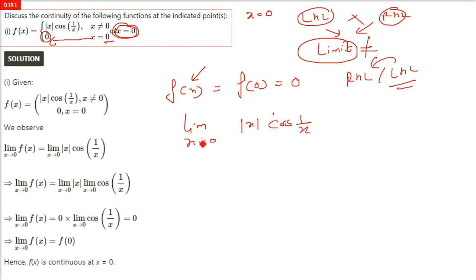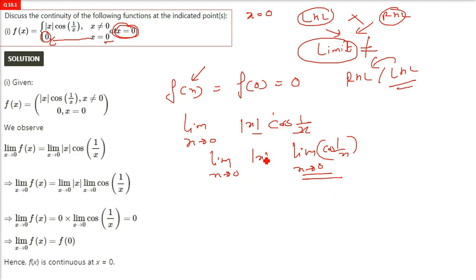And when we apply the limit, limit of a into b is limit of a into limit of b. So you can just separate it: limit x tends to 0 for mod x and limit x tends to 0 for cos 1 by x. Okay, leave the right one for now.